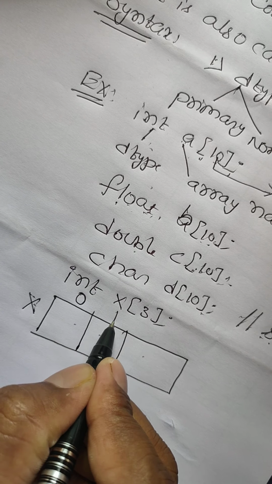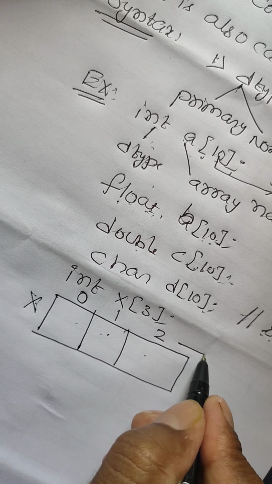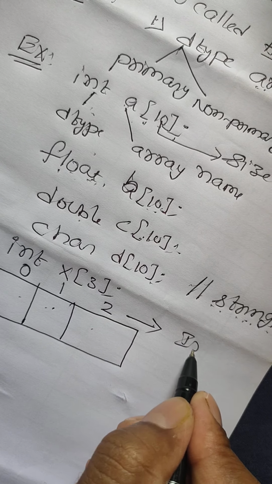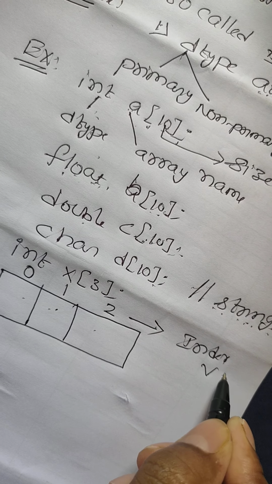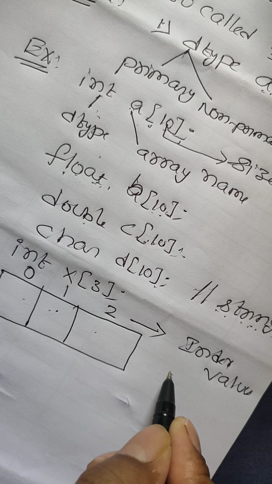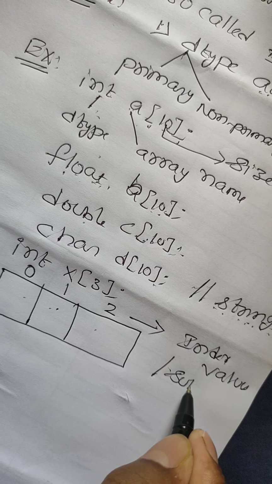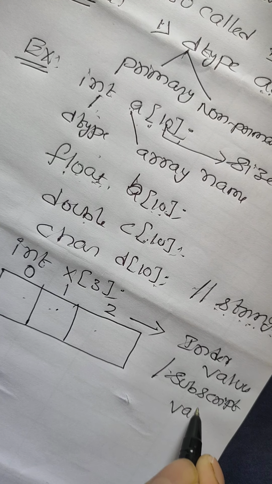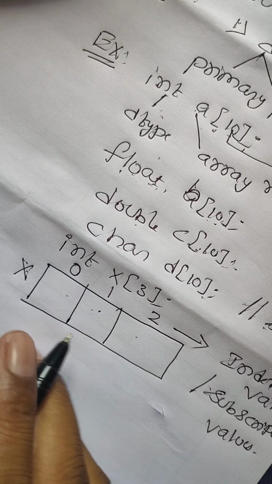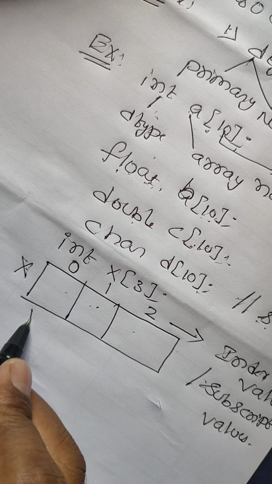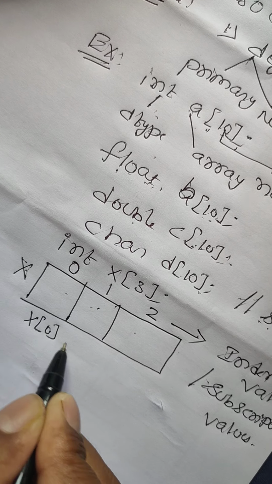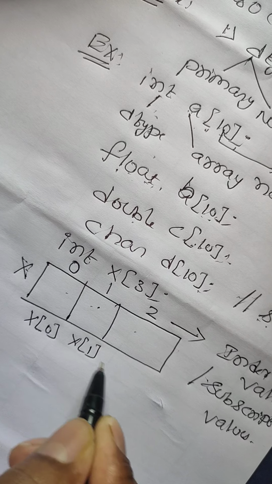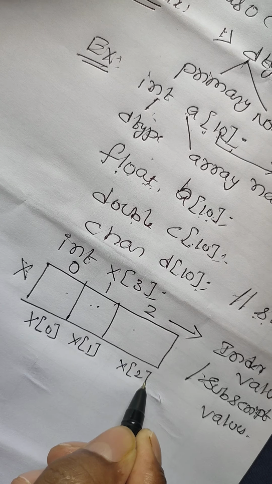But how do we indicate each one? We take 0, 1, 2. These 0, 1, 2 are called index values. Sometimes they are also called subscript values. This is called x of 0, this is x of 1, and this is x of 2.